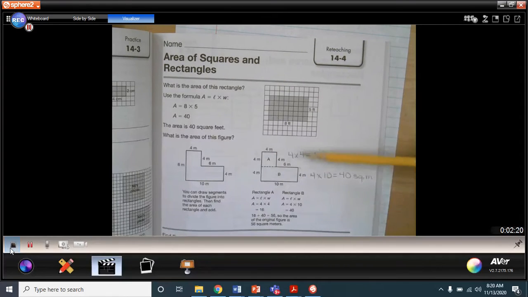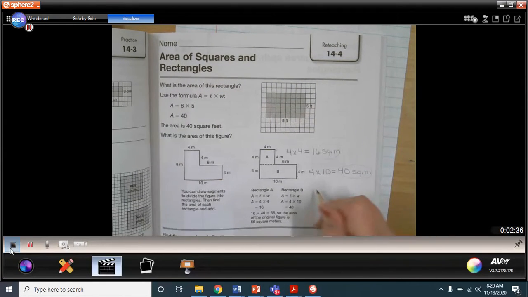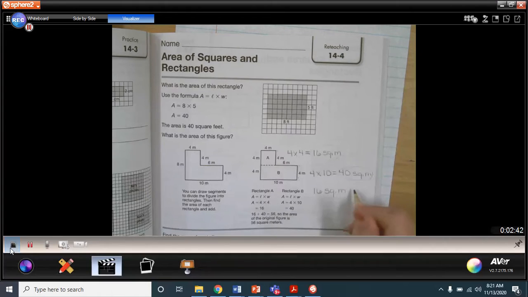So now that I've broken this up into 2 separate figures, I can take the square meters from one of the figures and the square meters from the other figure, and put them together to combine the total square meters for each of these.